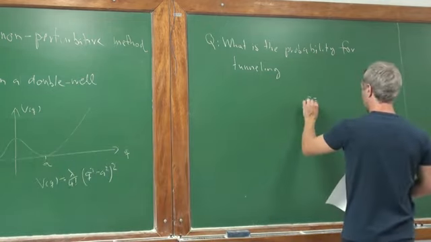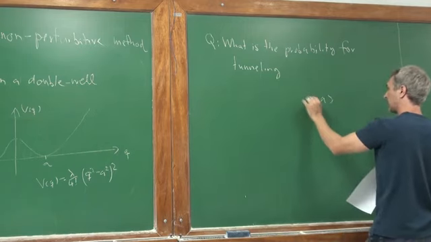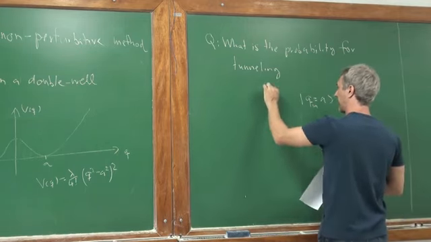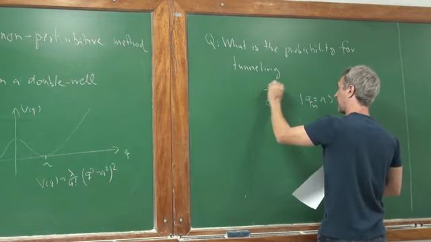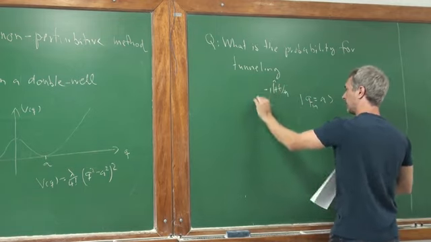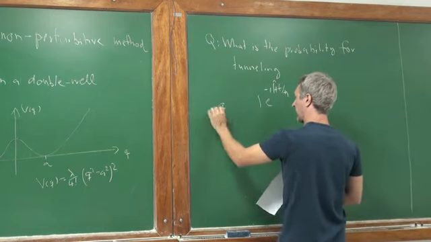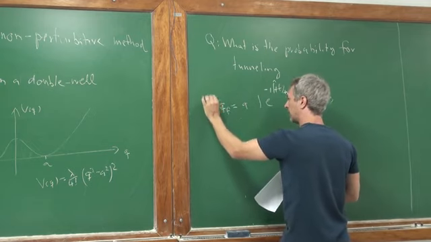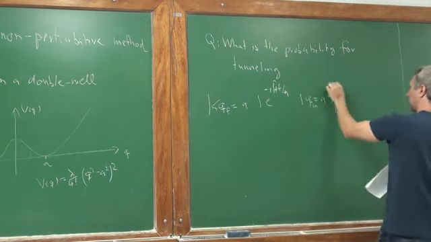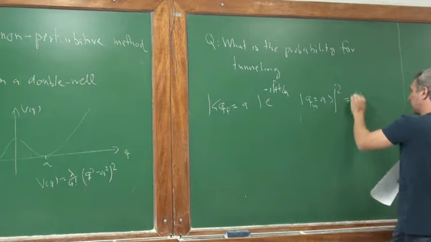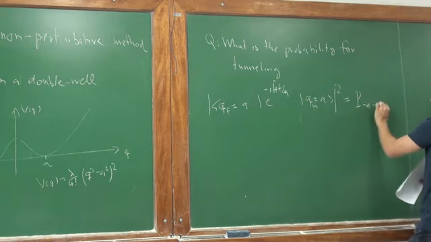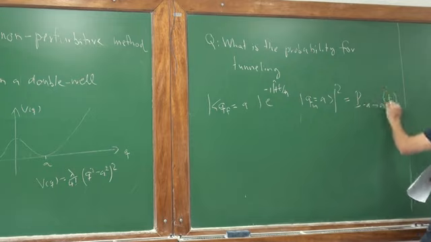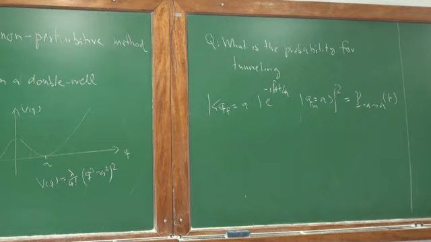You start with an initial position minus a, and you propagate under the Hamiltonian in time and find a finite amplitude for the final state to be at plus a. If we square this, then we get the probability for propagation from minus a to a in time t. Okay, so this is just what we want to calculate.